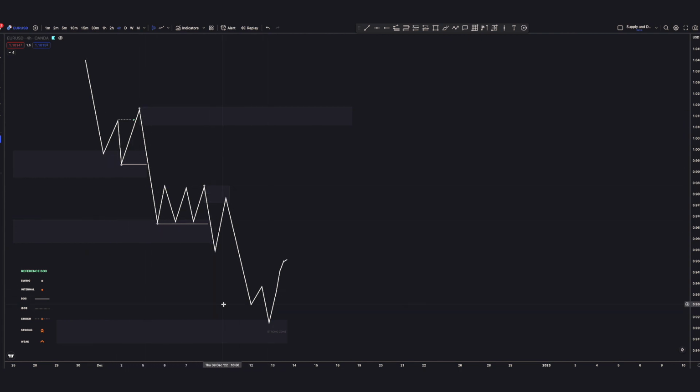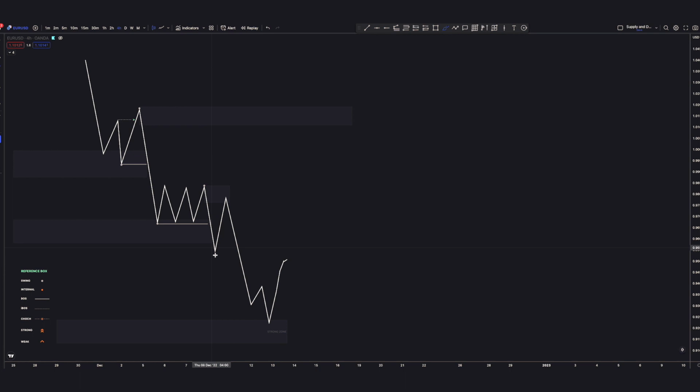Later on, I'll teach you exactly what I mean, because I was telling you guys that this would be a choch, but there's a difference between a choch and a sweep of liquidity, and we're going to see this later. So continuing here, somewhere inside this area there were enough orders to push price.